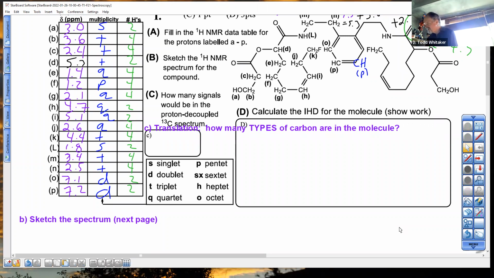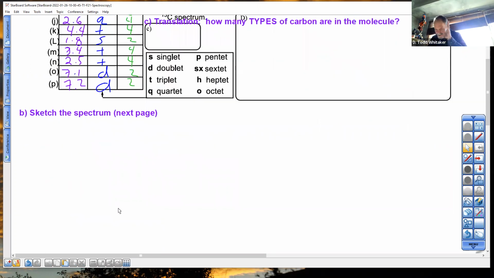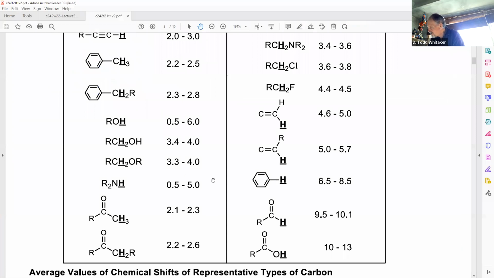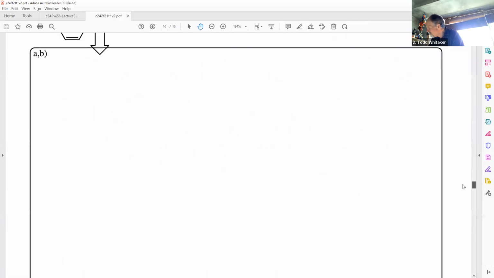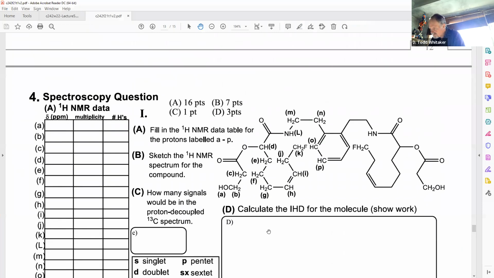Can I use red dots for types of carbon? No, not red dots. I'm gonna have to use circles. Here's what I want to do, folks. I just had a little epiphany. I'm gonna copy my molecule again, from the end of this exam, second last page. I'm gonna copy it with my Snippy.